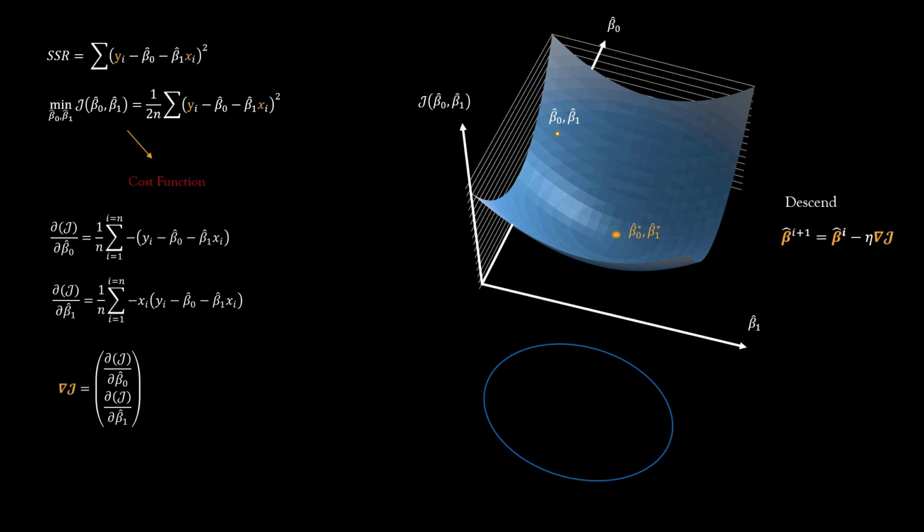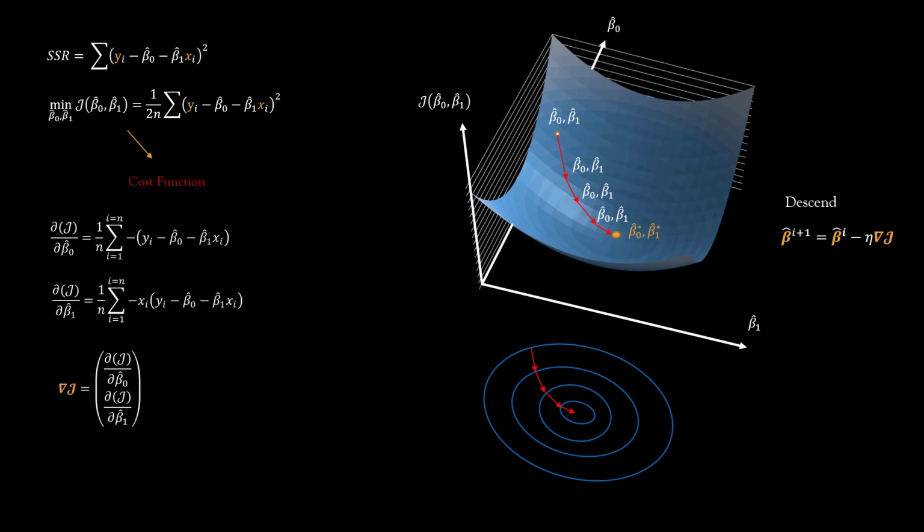So what are the steps? Step 1, we initialize a pair of values for beta 0 and beta 1. Step 2, then we descend iteratively with the help of the gradient at each location. And then we stop when we reach a sufficient number of steps or the objective function does not improve.